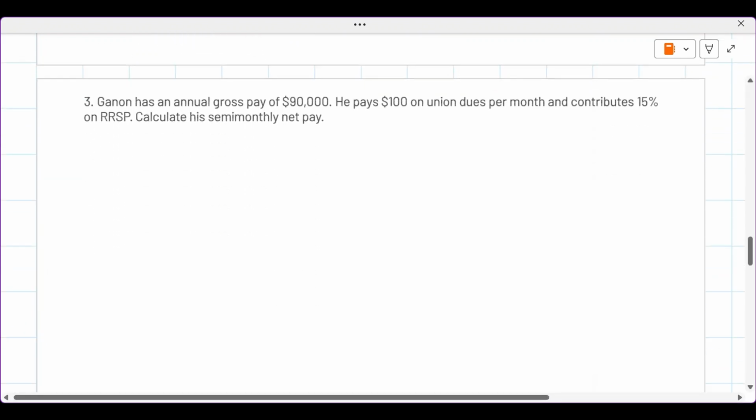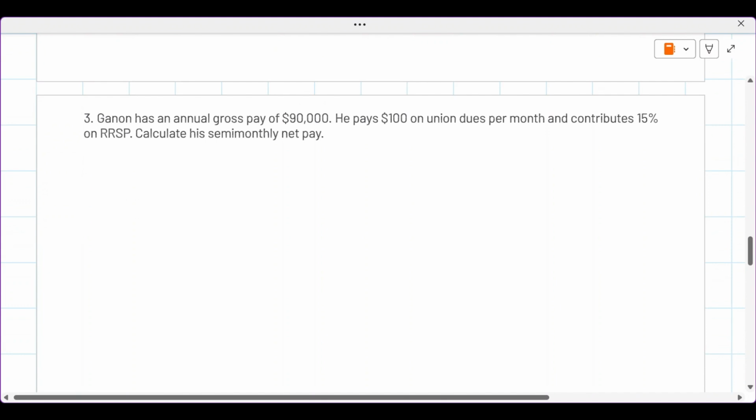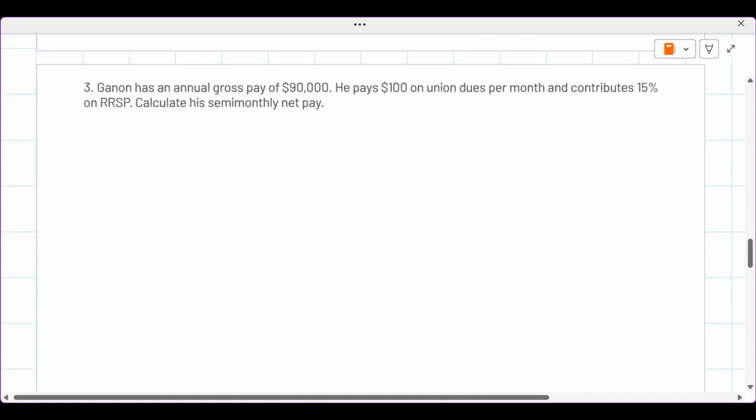Moving on to the next question. Ganon has an annual gross pay of $90,000, and he pays $100 in union dues per month and contributes 15% to an RSP. Calculate his semi-monthly net pay.